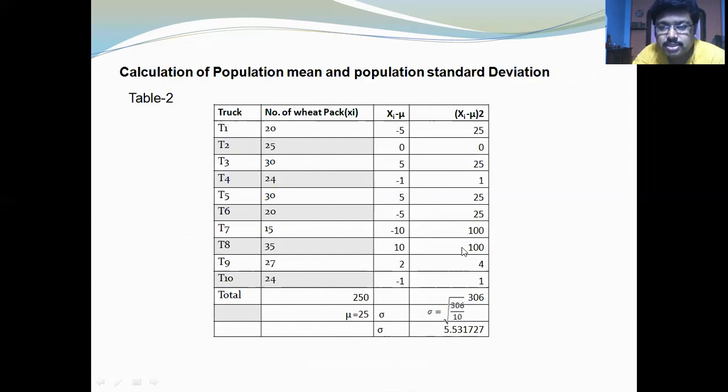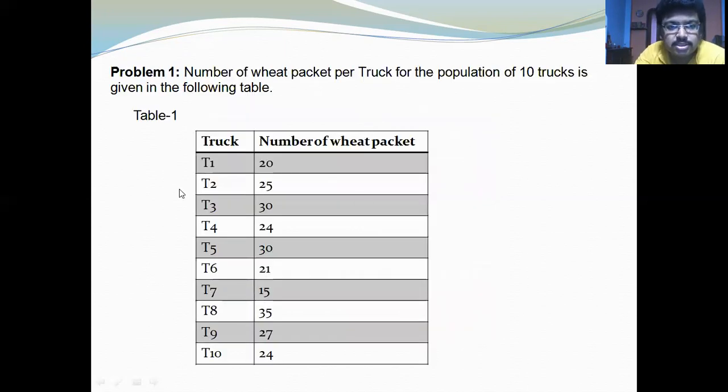So 306 is the sum of this column, divided by 10, and after taking the root, we have the value 5.5317. This is the standard deviation. So the population mean is 25, and the standard deviation is 5.5317, depending on this table.